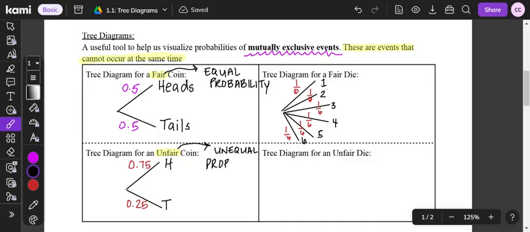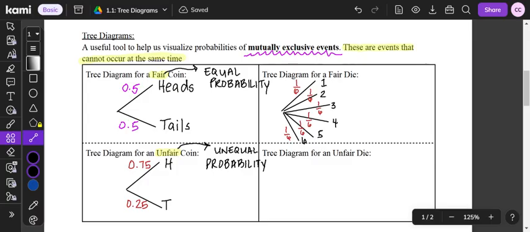Okay, all the events are not the same. Okay, very good. So once again, maybe pause the video real quick, see if you can draw a tree diagram for an unfair die. I'm going to draw one in 3, 2, 1.